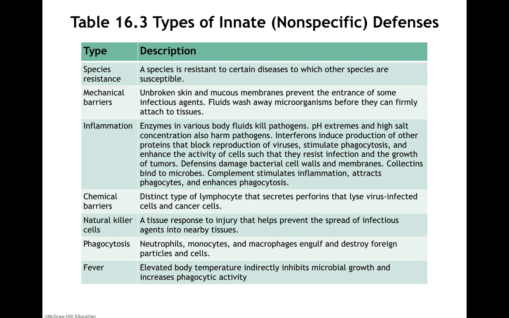There are a number of chemical barriers that chemicals produce that will help fight off pathogens. Natural killer cells are kind of an in-between cell, in between specific and non-specific. They kill cells that do not have our own markers on them. Phagocytosis, the eating of pathogens by neutrophils, monocytes, macrophages, and even fever helps to protect us from disease.